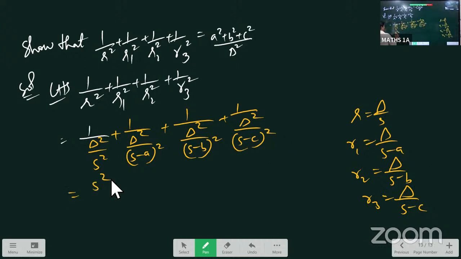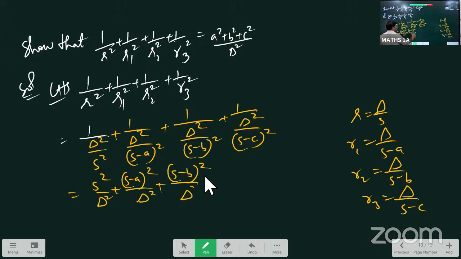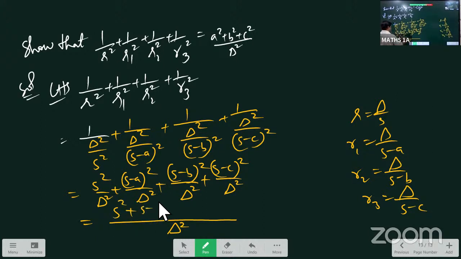Bring them to the numerator: s minus a whole square by delta square, s minus b whole square by delta square, s minus c whole square by delta square. Now delta square is the common LCM, correct? That is s square plus s minus a whole square plus s minus b whole square plus s minus c whole square, all by delta square. Is it clear?